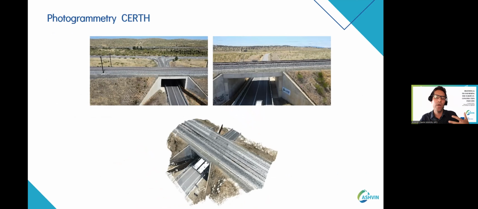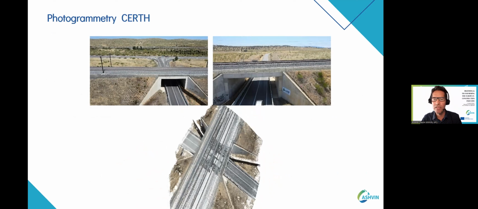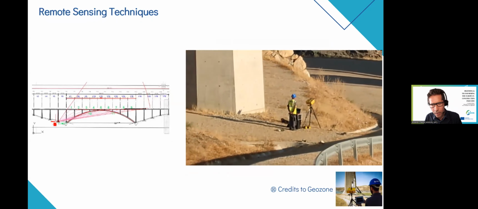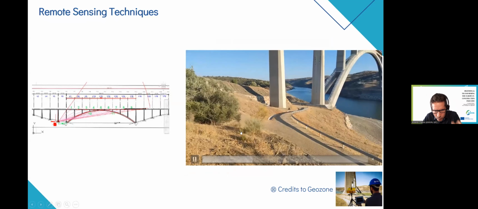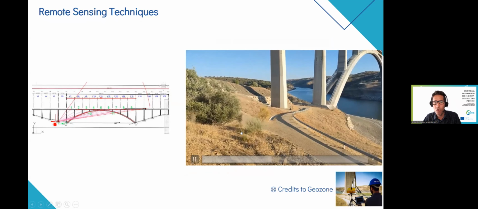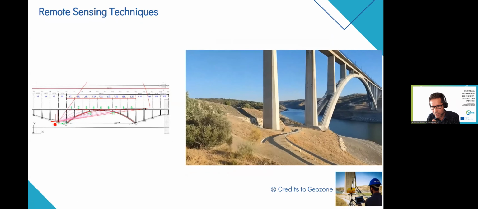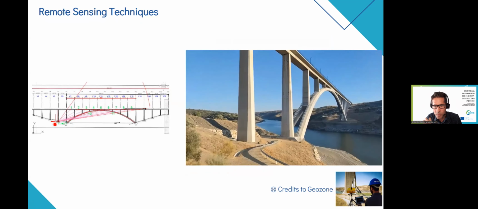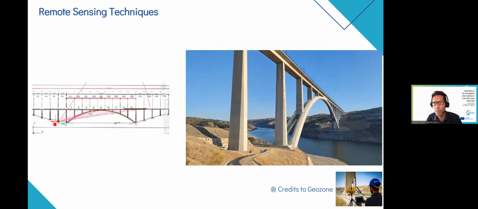So that's another way of putting together information that can be part of this virtual representation. We also made use of remote sensing techniques in the biggest assets, in this case, credit to GeoZone, a company that provided service for this specific use of remote sensing techniques, which is InSAR radar.